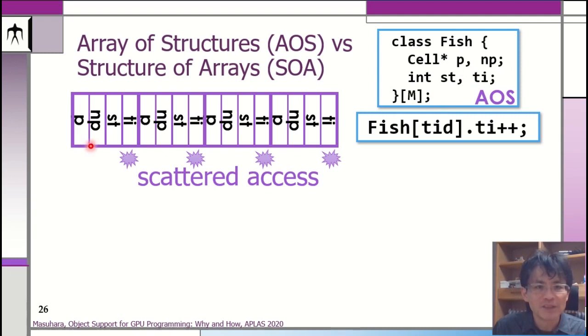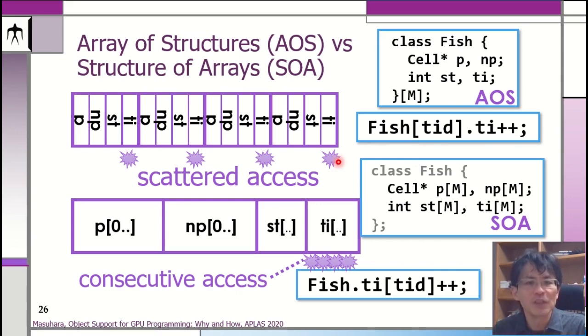The first field of the first object, second field of the first object, third field, the fourth field of the first object, and then the first field of the second object, and so on. But with this memory layout, if many threads perform the same instruction, for example, incrementing the TI field of all Fish objects, then the memory accesses happen on the TI field of each Fish object. That means interleaved or scattered memory accesses, which is inefficient, as I explained before.